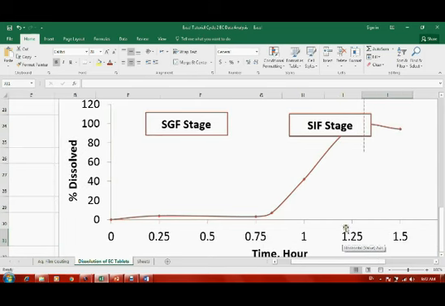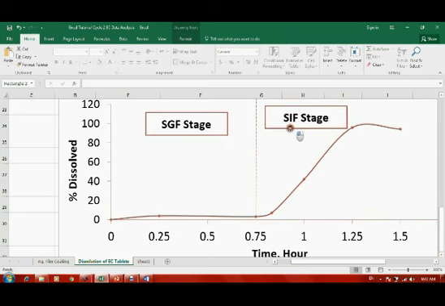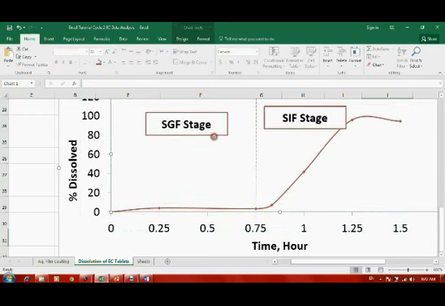This is how your dissolution profile should appear. Please remember that the numbers we are using here are hypothetical numbers.